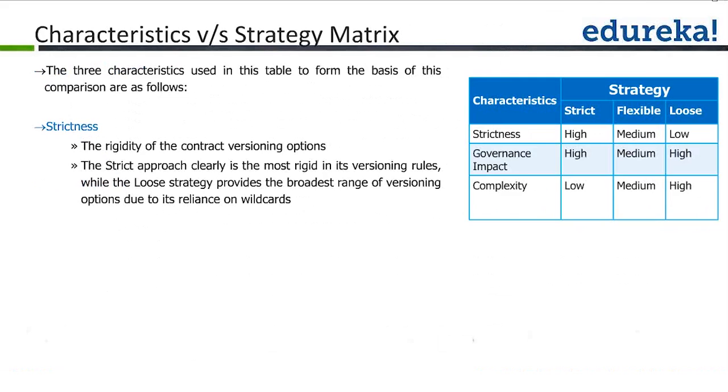But in case of loose, it will again be high because of the complexity. The example remains the same because the technology is not clear, the future technology is not clear, the future regulations are not clear. So the loose strategy will always be high.